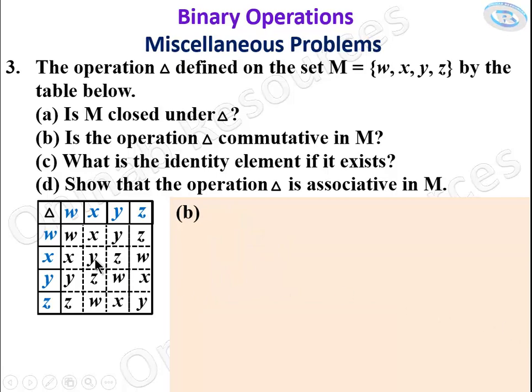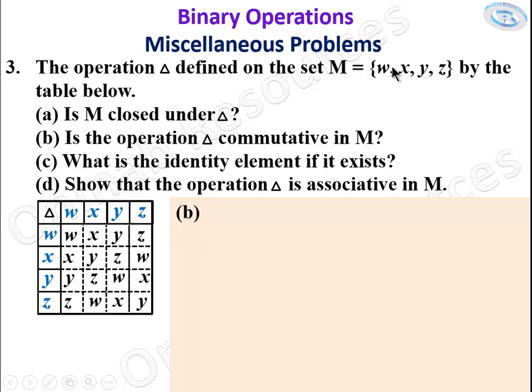For B, is the operation delta commutative in M? So to show the commutative property in M under the operation delta, we pick any two elements.